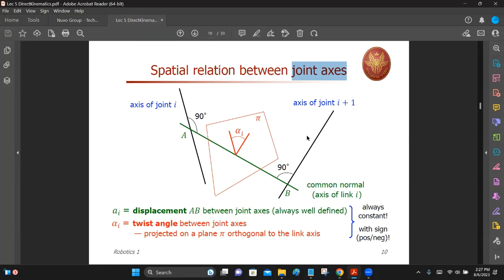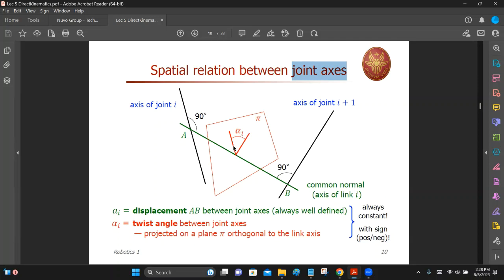Alpha 1 for the first link, alpha 2 for the second link, and so on. Then the distance from here to here is the length of the link, a displacement from A to B. So the twist alpha and the length A actually define the link.